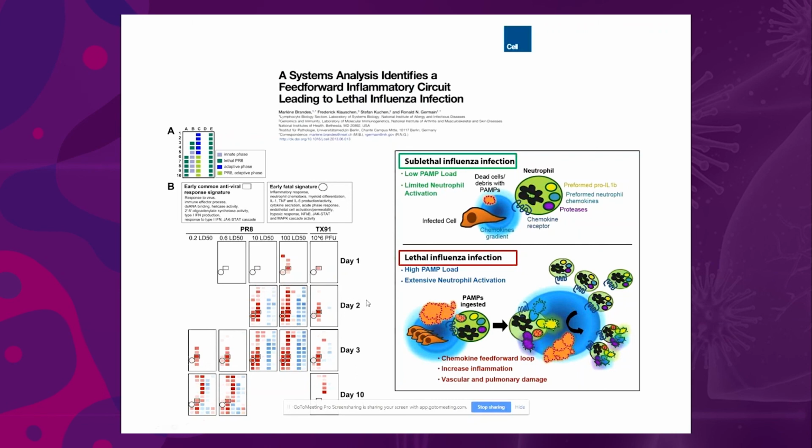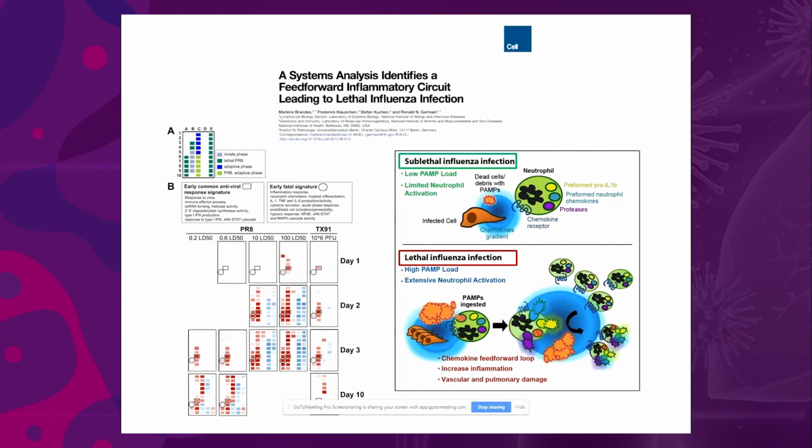And this looked at the identification of signatures that could discriminate a lethal from a sublethal innate immune response. To cut a long story short, it's a very interesting systems biology approach, I think the best that I've seen.